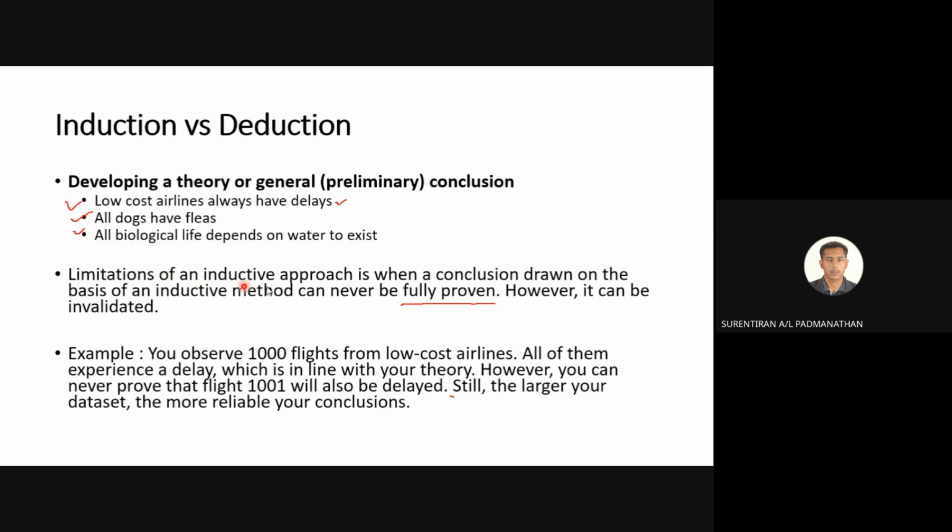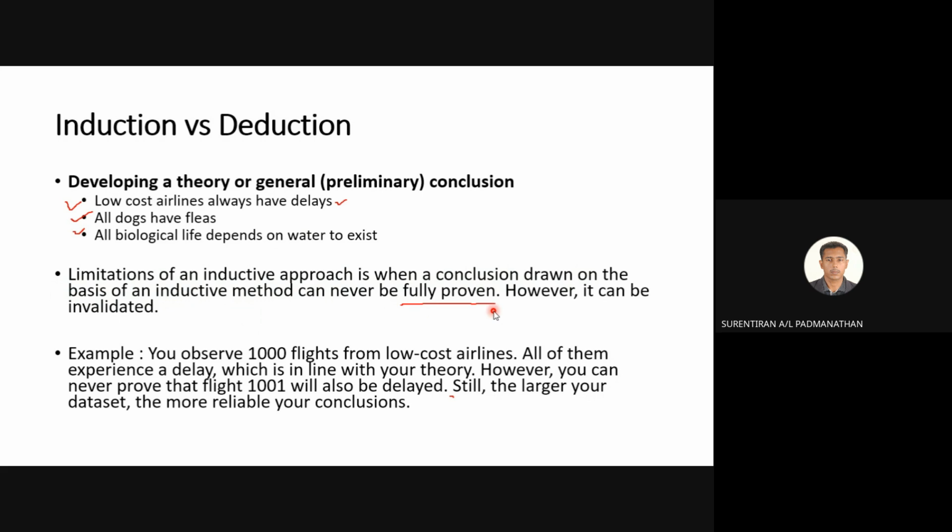So the limitation of the inductive approach is that a conclusion drawn on the basis of the inductive method can never be fully proven, because the existing research is not very strong in that area or topic. So we cannot say that whatever conclusion we made is actually correct or fully proven.